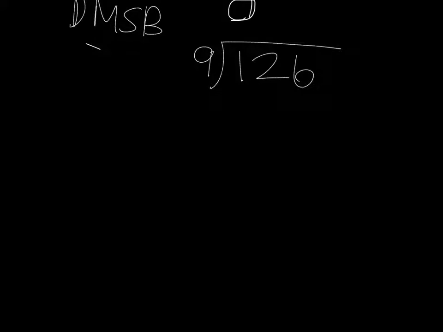So 9 times 0 is 0. 9 times 0, where do you put the multiply answer? Down there, yeah. Good. And then just subtract.